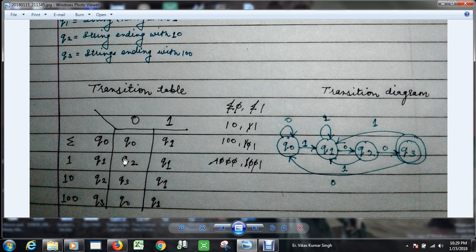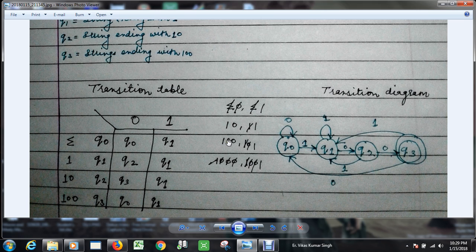Another one is 11. We will search it. Where is 11? There is no such value, so we will cut one of the ones and try searching for 1. Where is 1? This is Q1, so we will put Q1 here. Now the next step is 100.